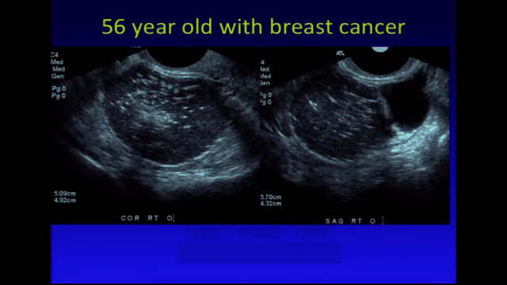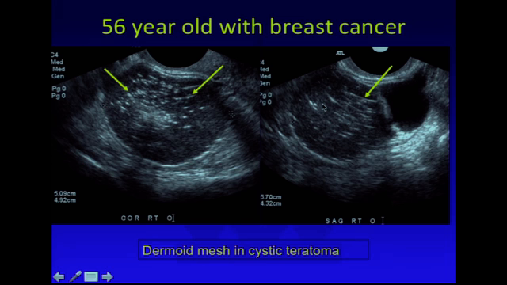Now let's start with a case to segue to the next lesion we can diagnose with confidence. This was a 56-year-old woman with breast cancer, and she had an adnexal mass that was incidentally detected. We were doing the ultrasound to assess her endometrial stripe, and you can see that this patient has this mass in the ovaries and these very bright echogenic lines within the lesion.